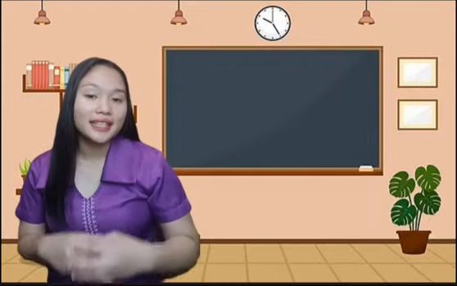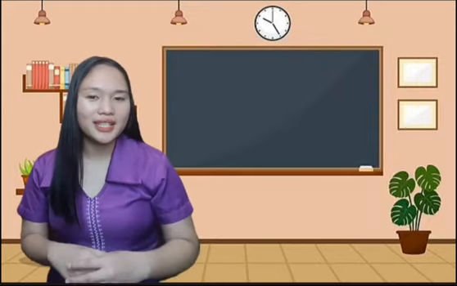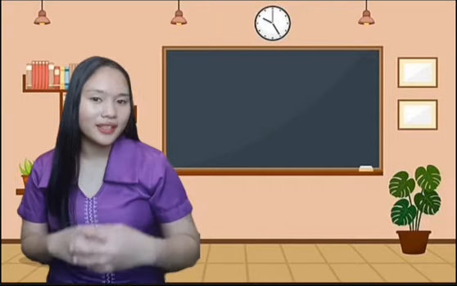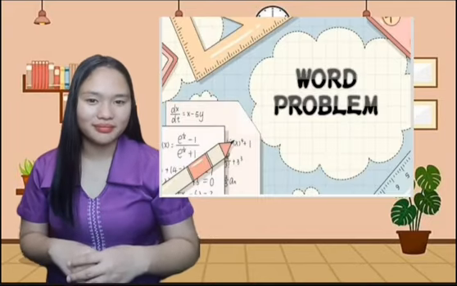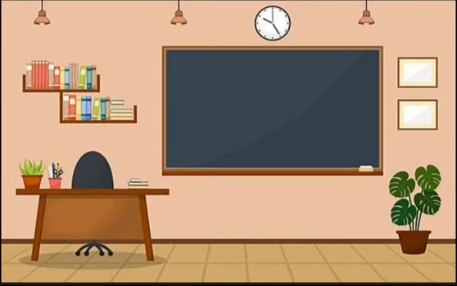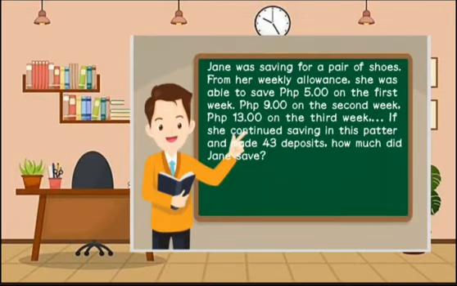Now, let us see what you have learned from today's lesson by applying this in solving the given word problem. The problem is, Jane was saving for a pair of shoes. From her weekly allowance, she was able to save 5 pesos on the first week, 9 pesos on the second week, 13 pesos on the third week, and so on.